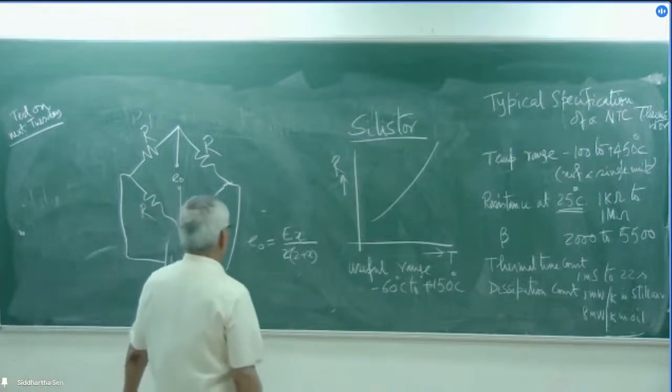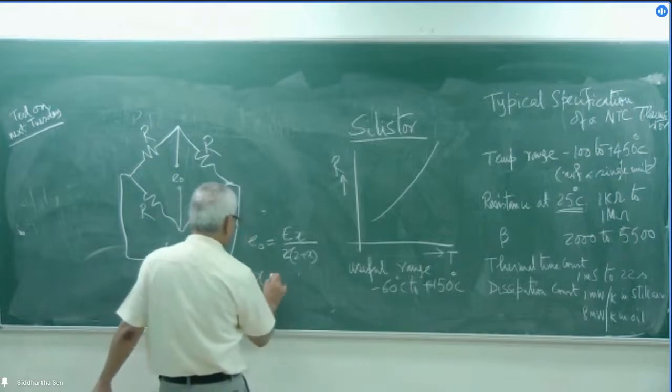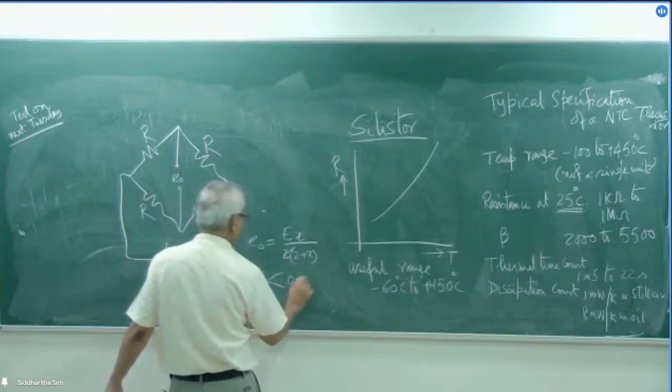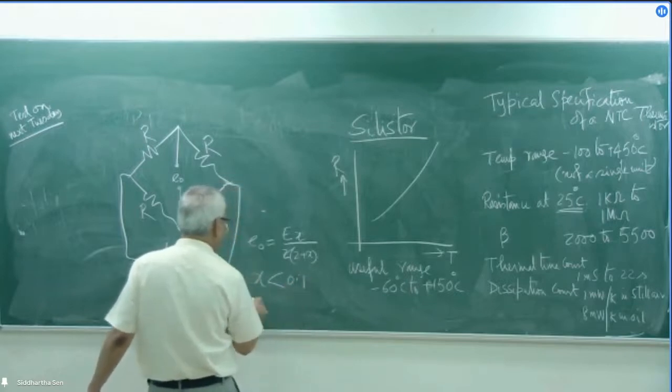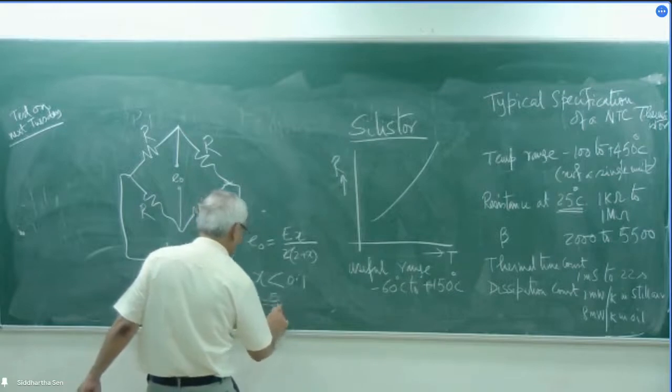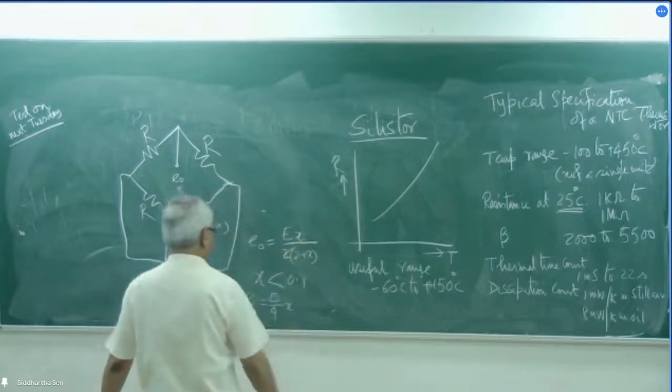So the point is that for X less than 0.1, we can safely say it is a linear characteristic, E by 4 into X.